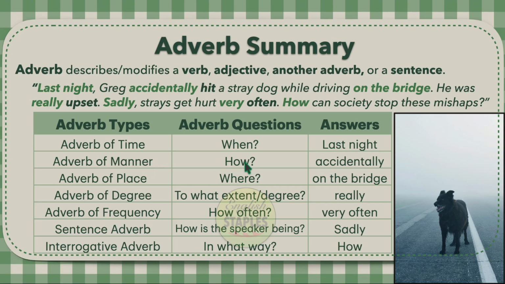Adverb of manner, how, accidentally. Adverb of place, where, on the bridge. Do you see this? Adverb of degree, to what extent or to what degree. Really. Adverb of frequency, how often, very often.